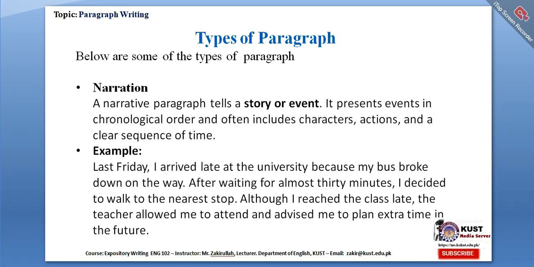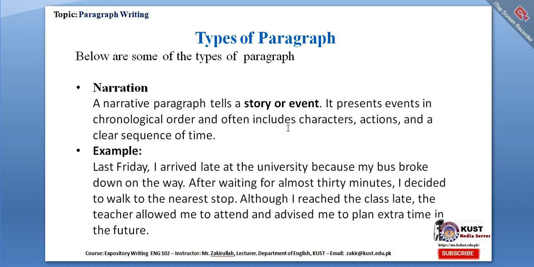Then comes the different types of paragraphs, in which we have narration, description, process, classification, and illustration. The first one is narration or narrative paragraph. A narrative paragraph tells a story or event.